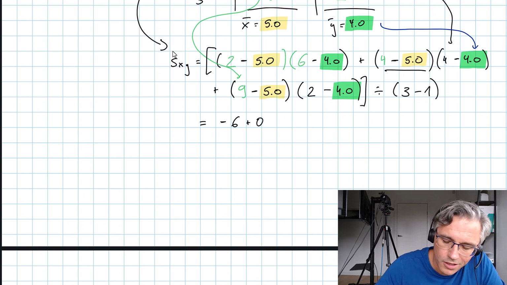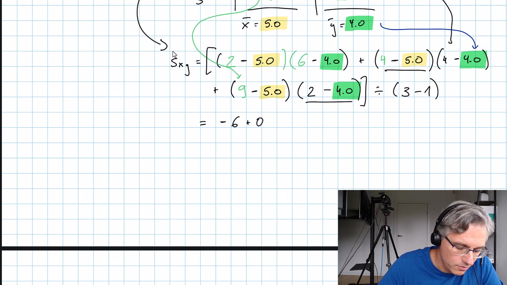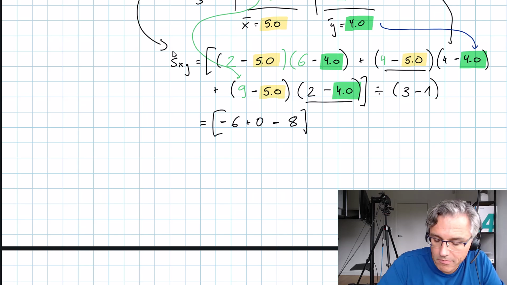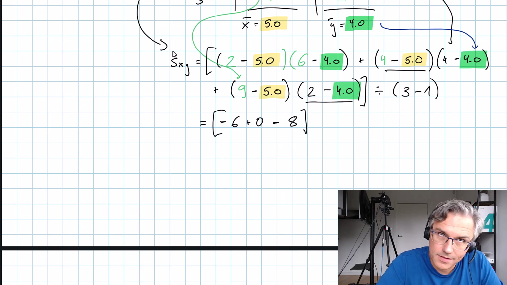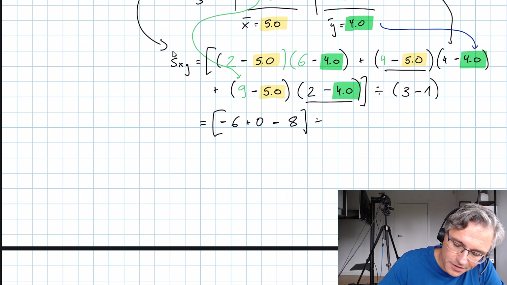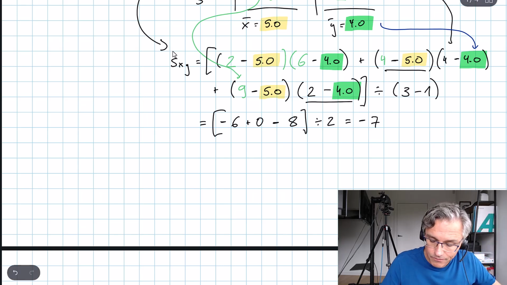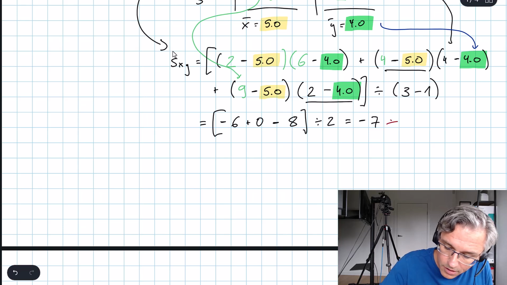And then I've got 9 minus 5, which is 4, but 4 multiplied by minus 2, isn't it? So I've got a negative 8 here. So effectively, I have minus 6 plus 0 minus 8. That's negative 14 divided by 3 minus 1, that's 2, that's minus 7. And that's going to be my sample covariance.